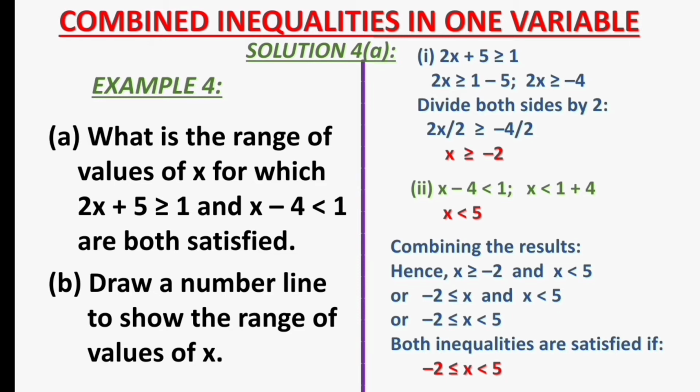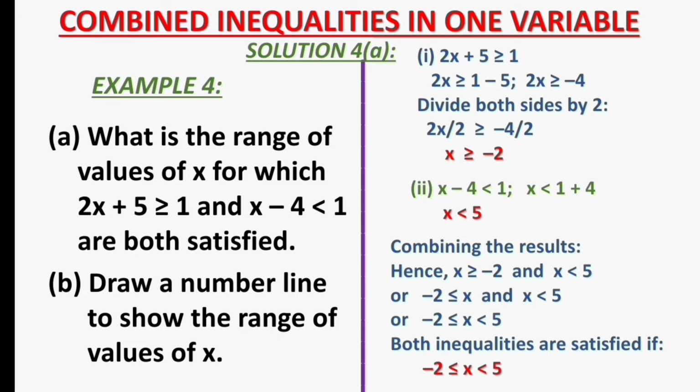Here we must ensure that we write the smallest value first and the biggest value last. The smallest value is x is greater than or equal to minus 2. Reversing the smallest value, we are going to have minus 2 is less than or equal to x.